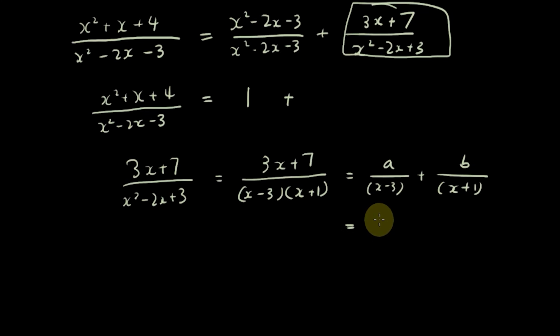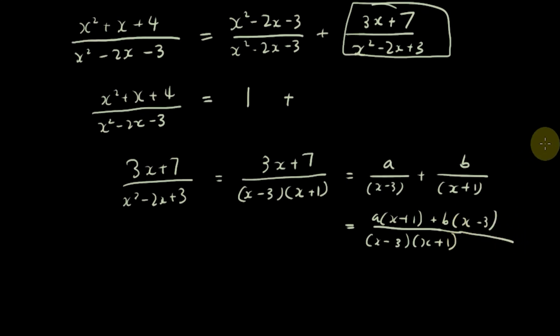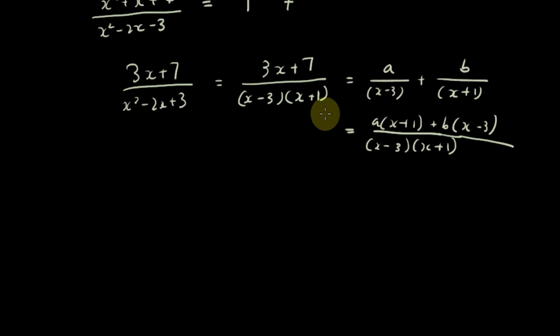And I'm going to now combine these two fractions by using the adding fractions technique. A bracket x plus 1 plus b bracket x minus 3, as talked about in previous tutorials, how to add fractions.